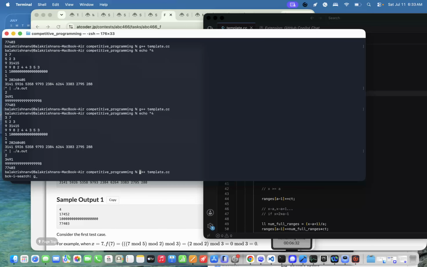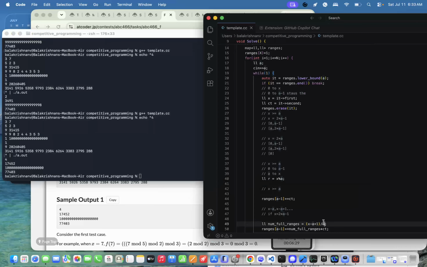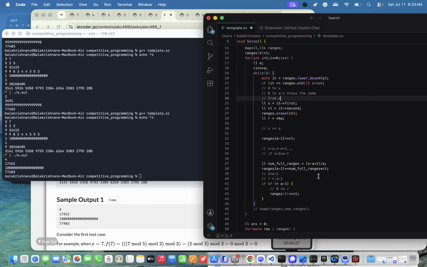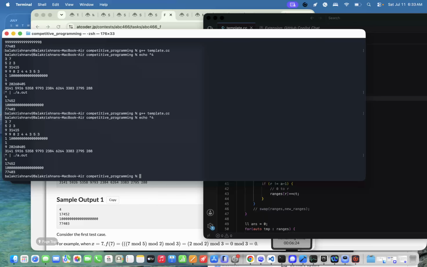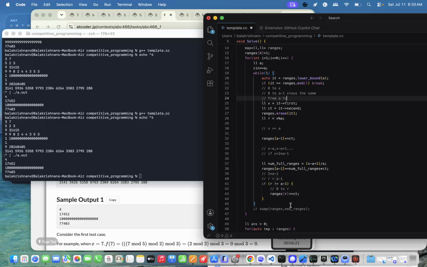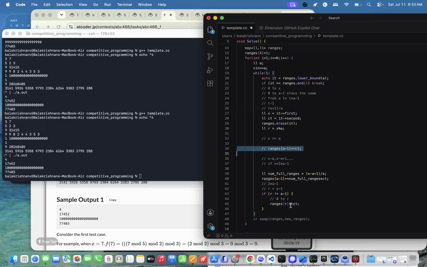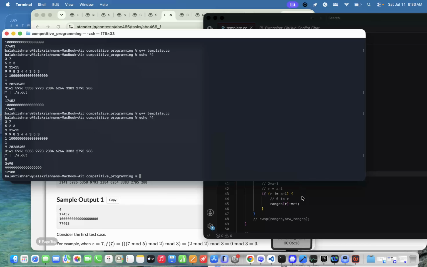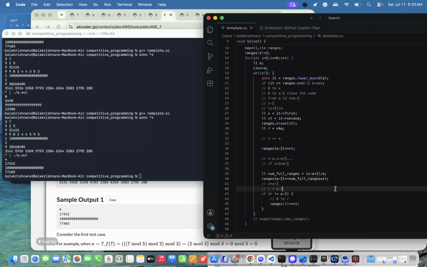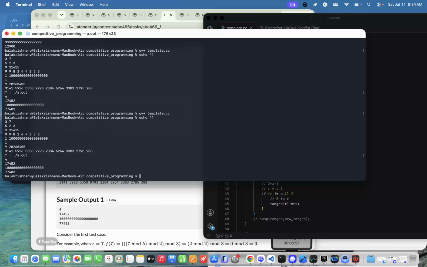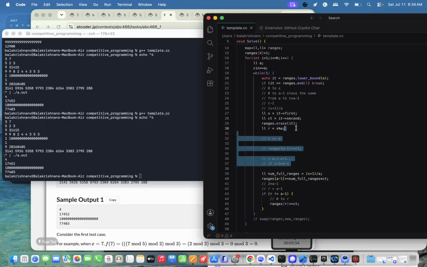Something has changed. One second. Yeah, that's fine. Just x plus 1 by n, can remove this. That's what I meant. Yeah, that's right, x plus 1 by n, remove this.